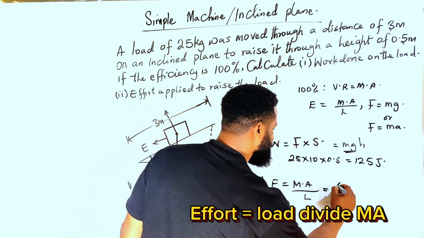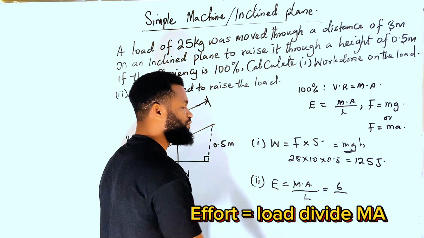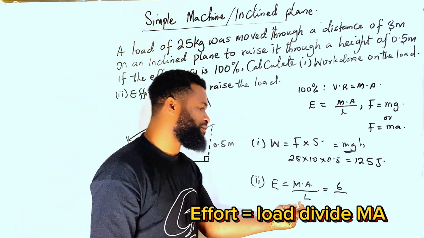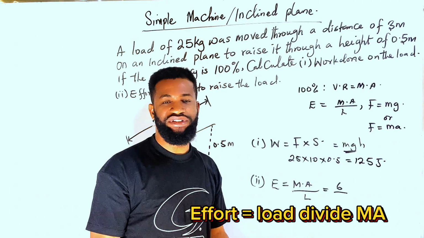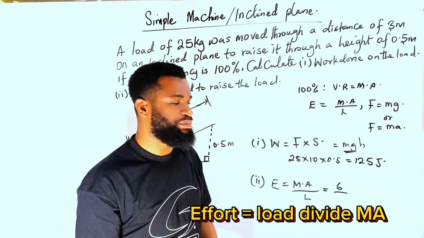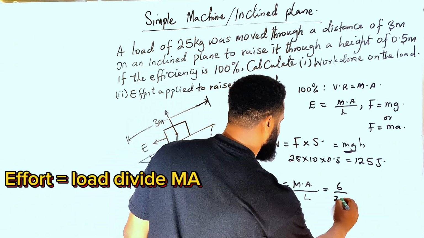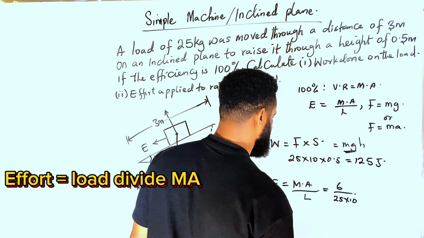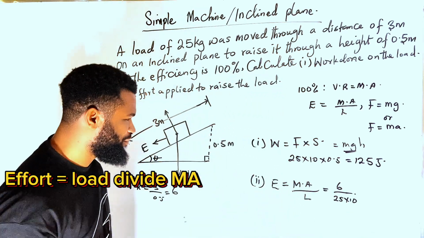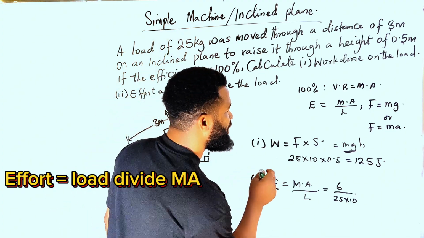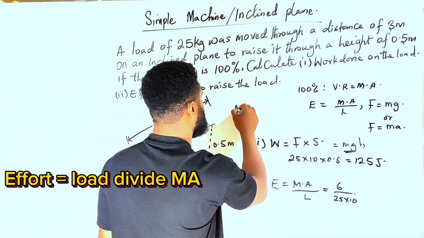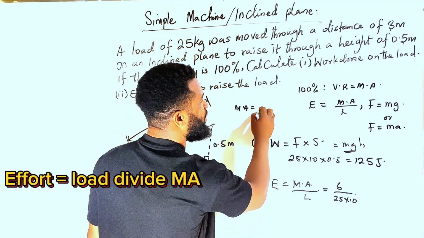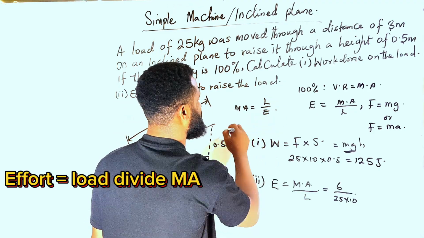So I'm going to have 6 all over load, which is 25 times 10, because I'm going to express the load in Newton, like the weight of the body. I think there is something here. Mechanical advantage is load over effort, okay?